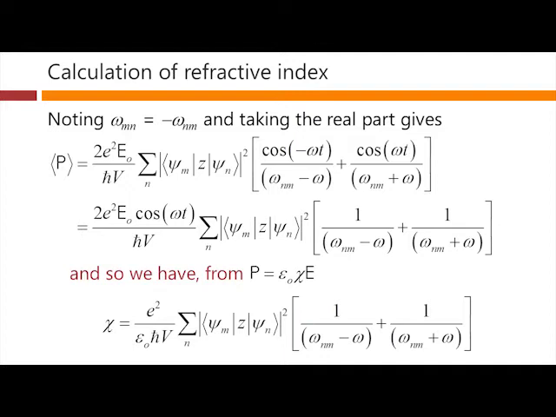So if we started in some state psi m, at least conceptually, that's the starting state of the system, but we have this perturbation just running all the time, then we're going to find a polarization that is proportional to the modulus squared of that matrix element for each of the possible states of the system, with these denominators built in here as well for each of the possible states n of the system. So this susceptibility is something where we have a sum over all possible other states of the system.